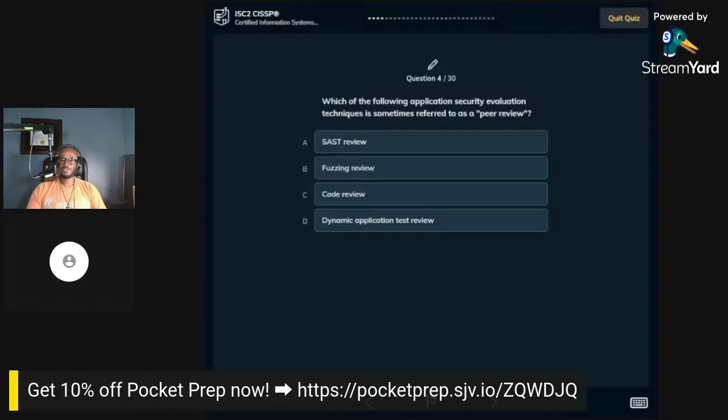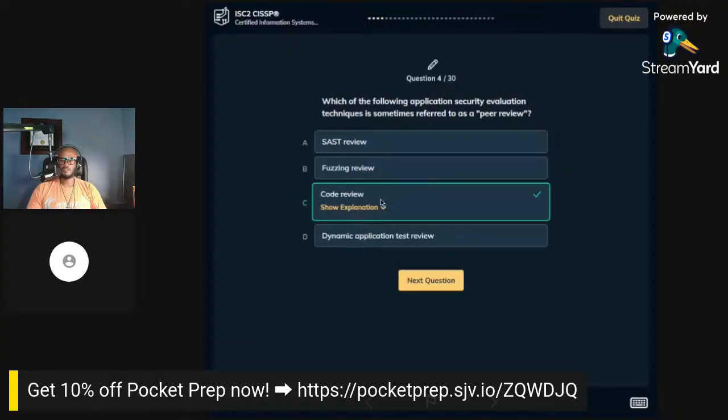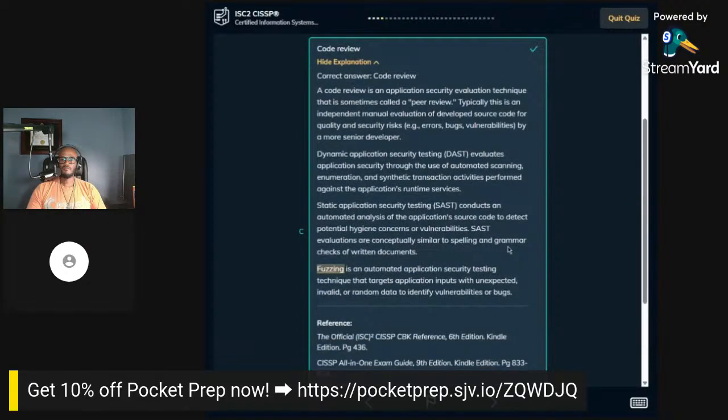I think this is Charlie. I think this is for peer review. I think that's code review. Yeah, I was going to say code review. So code review is the application security evaluation technique sometimes called a peer review.